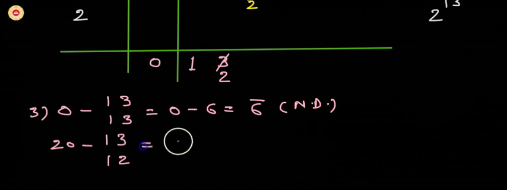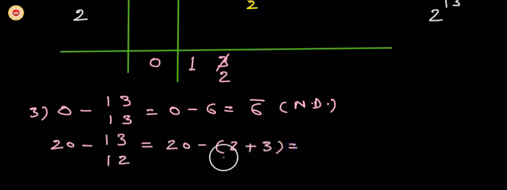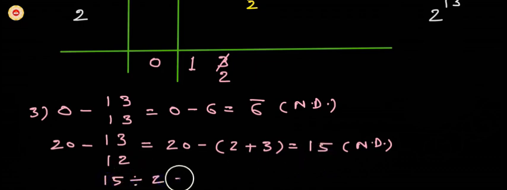Okay, which is equal to 20 minus 2 1s are 2 plus 1 3s are 3, which gives us 20 minus 5, 15. 15 is net dividend, positive. So let us divide 15 by actual divisor 2, which gives us quotient 2 sevens are 14 and remainder 1.